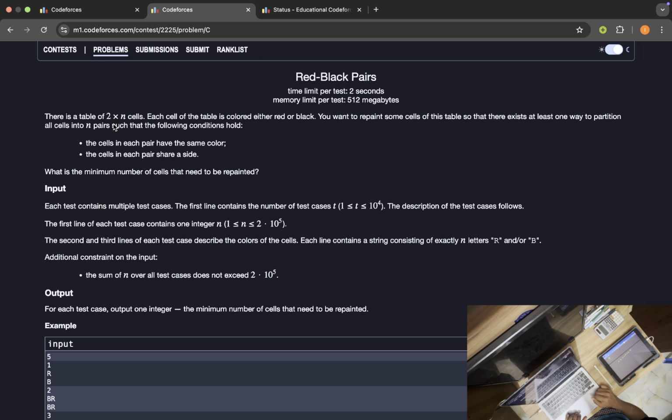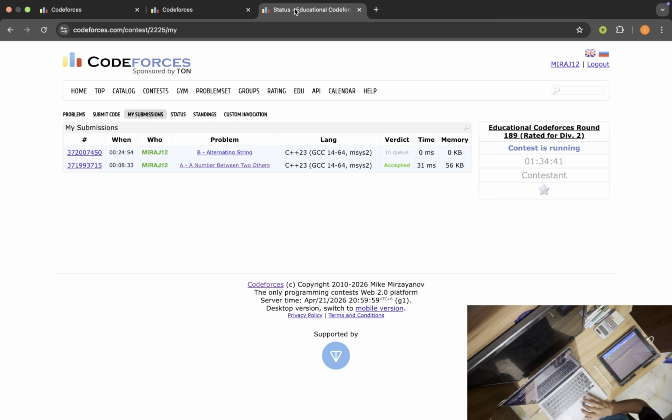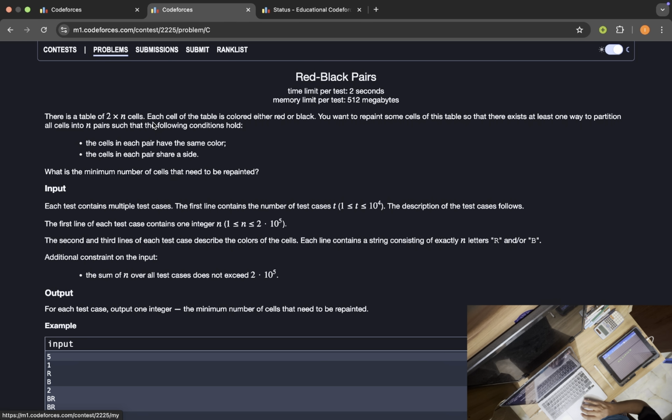Okay, there is a table with 2n cells. 2n cells of the table are colored either red or black.